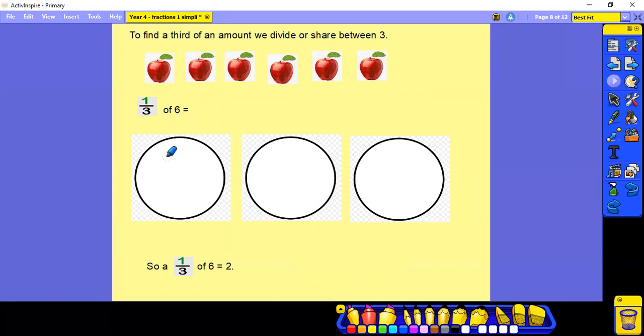So here we go. 1, 2, 3, 4, 5, 6. Okay, so we had 6 apples. We've shared them between our 3 plates and each plate has got 2. So a third of 6 is 2. And remember, the groups must be equal.